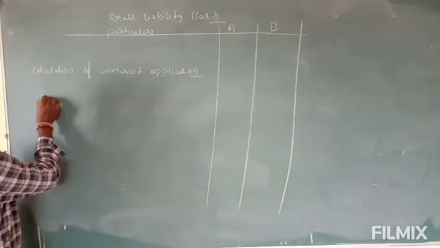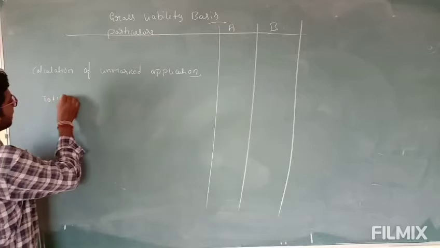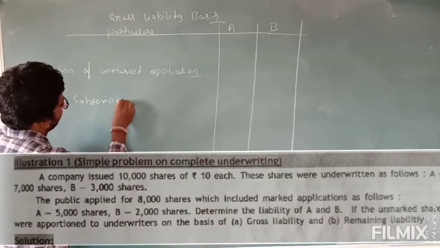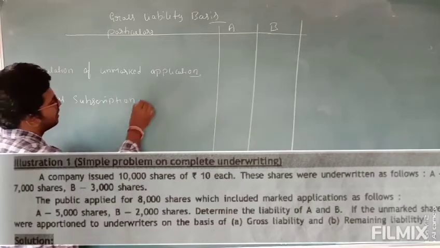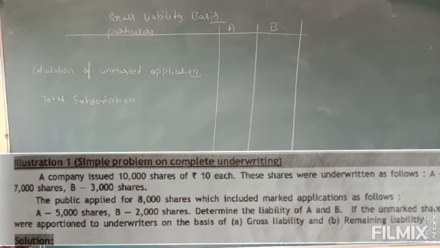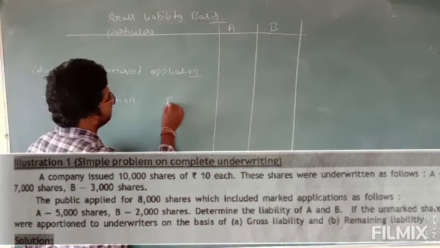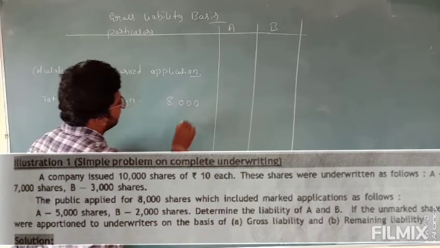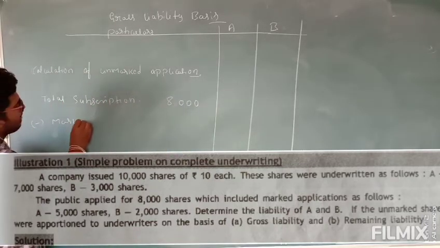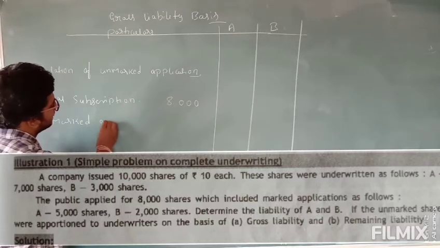Total subscription in the question, that is, the public applied for number of shares, look at the question, is 8,000 shares, less marked applications.